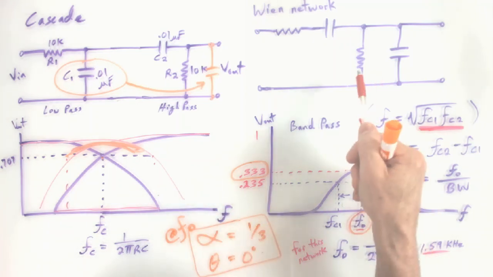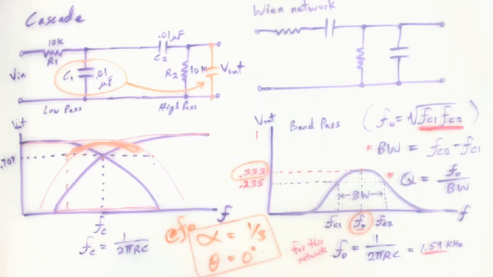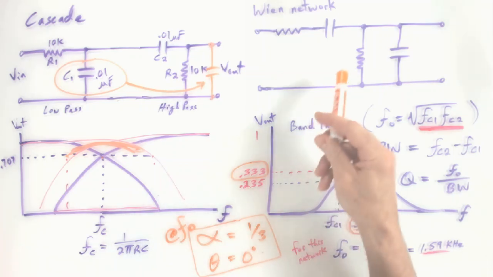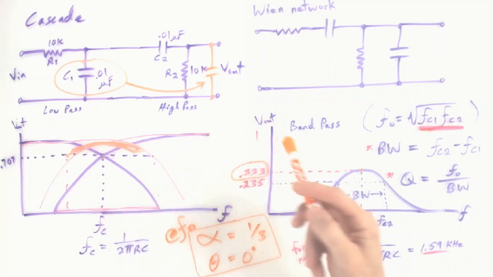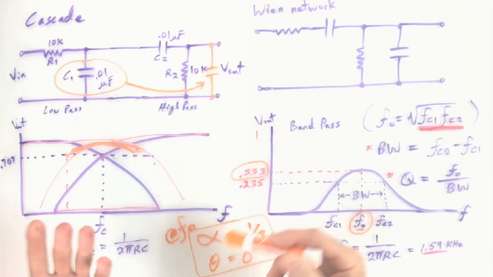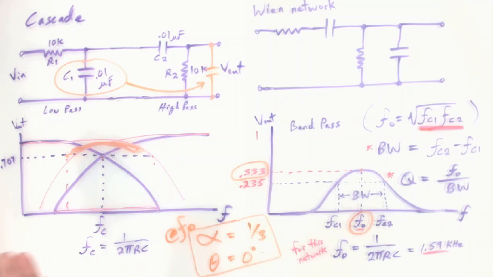see. And you'll run into this, and I'm sort of doing it backwards. I did this presentation to sort of lead up to the Wien network in a way that gives you insight, I think, into the Wien network. Parts of it make you think exactly low pass, high pass put together.